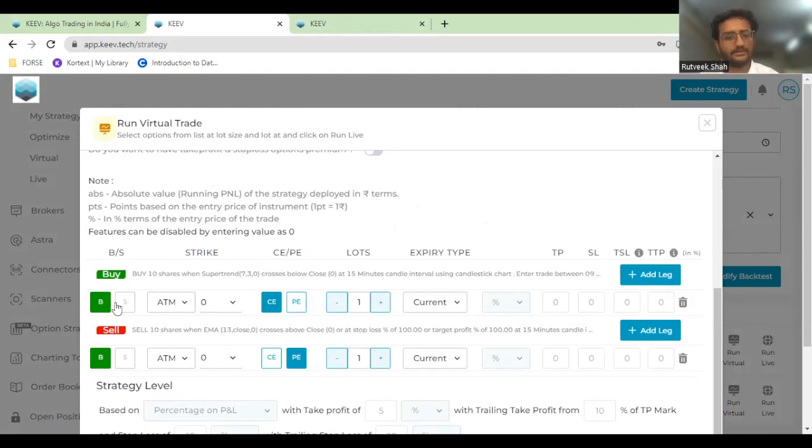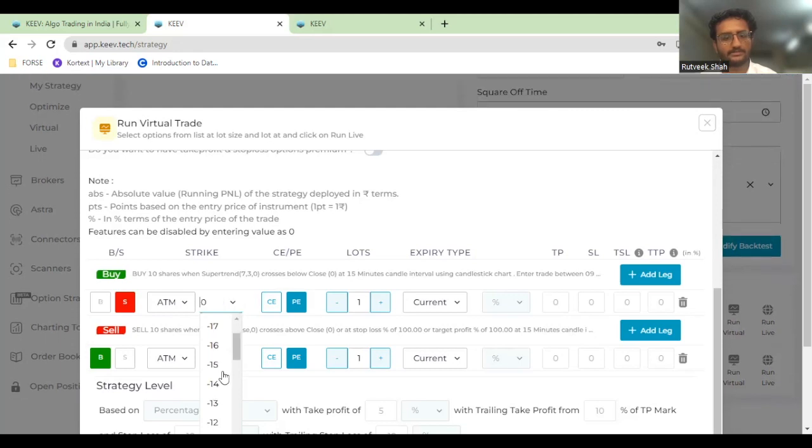Here we'll see that if the buy signal has been triggered, that is the super trend has been crossed, then we'll basically sell the put that will be ATM, let's say plus 200.